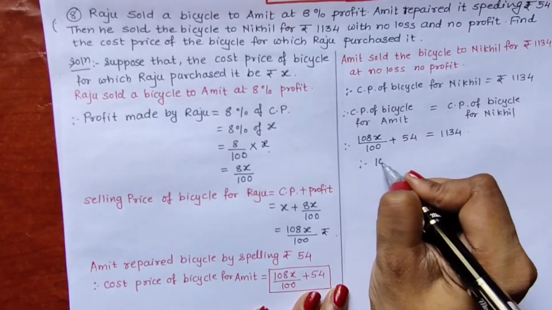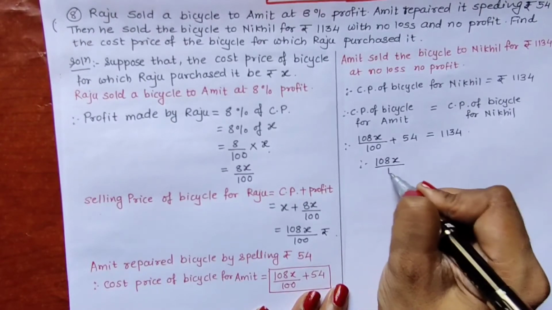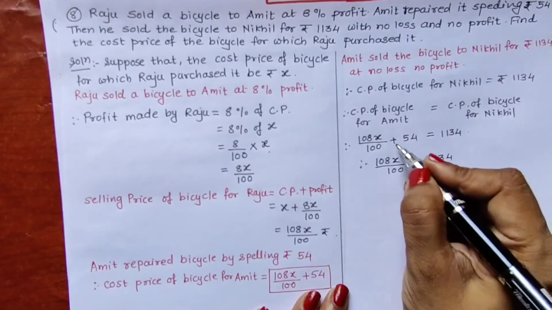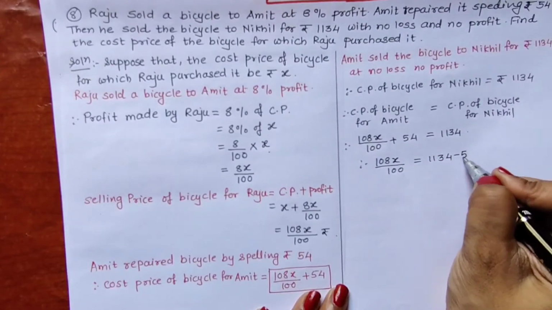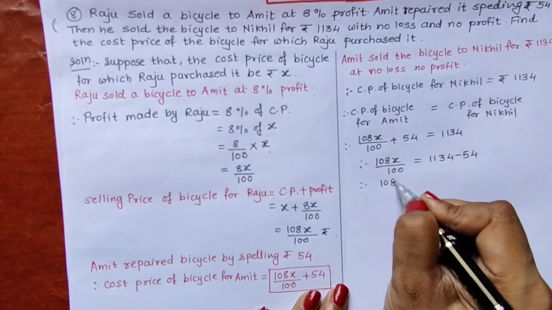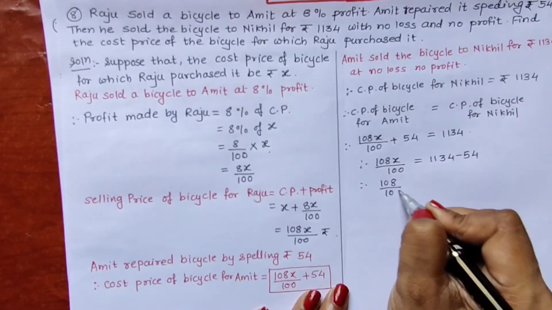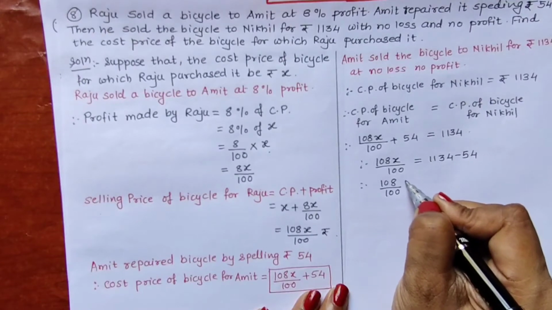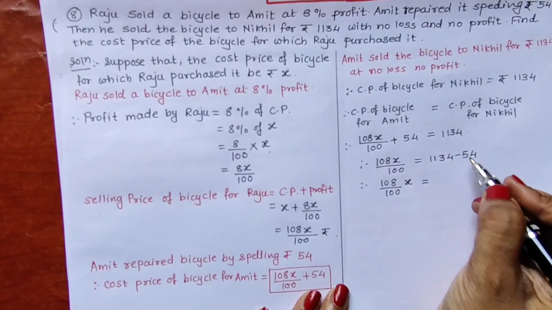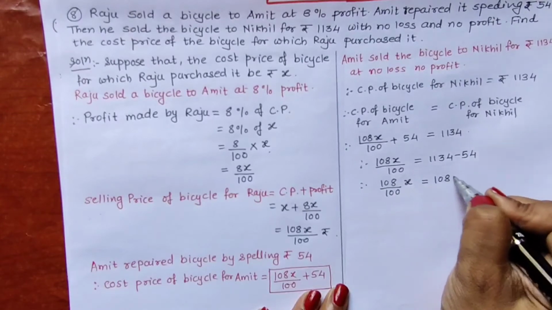We write 108x upon 100 as it is, 1134 on the right hand side as it is, and plus 54 transferred becomes minus 54. So we get 108 upon 100 into x is equal to 1134 minus 54, which is 1080.